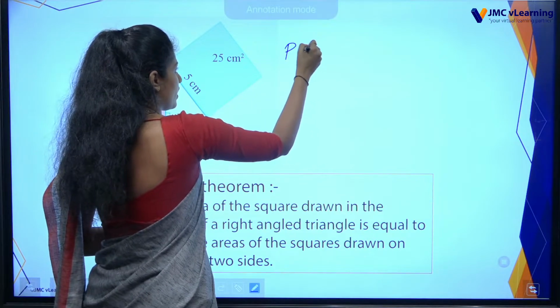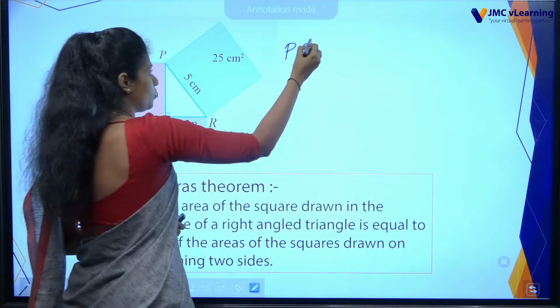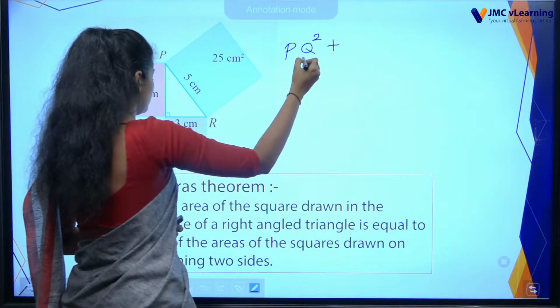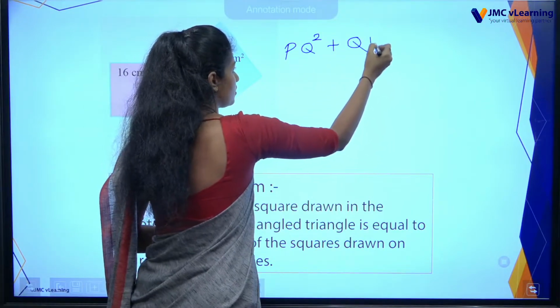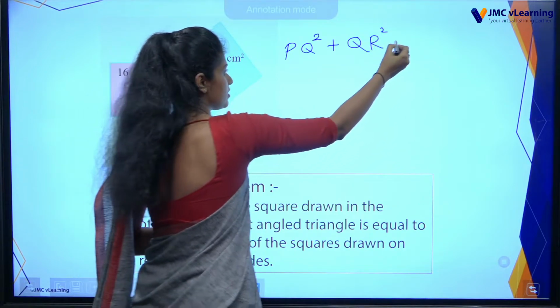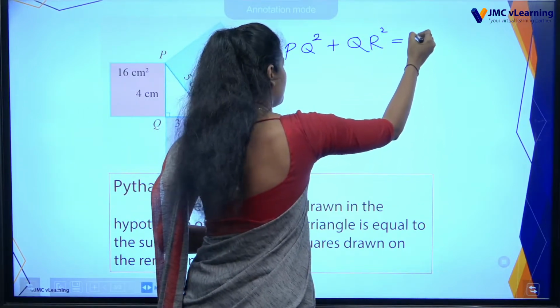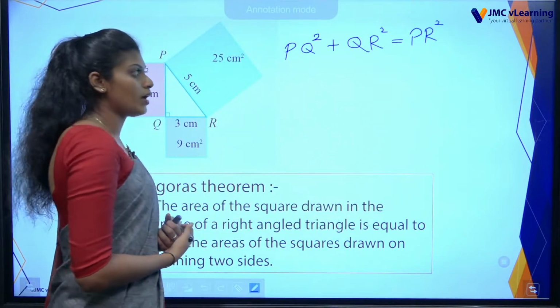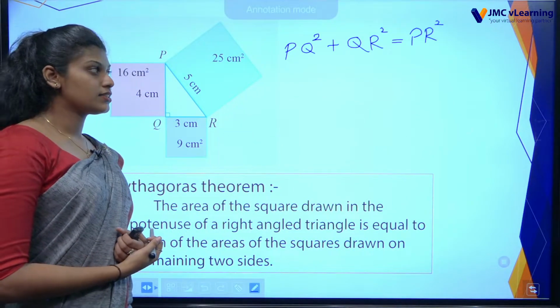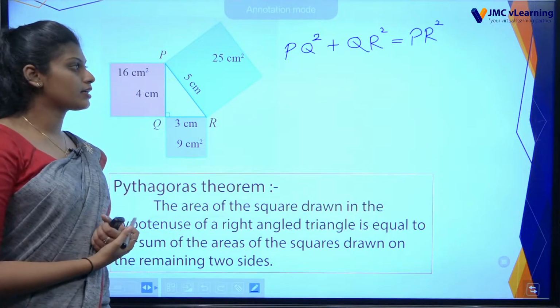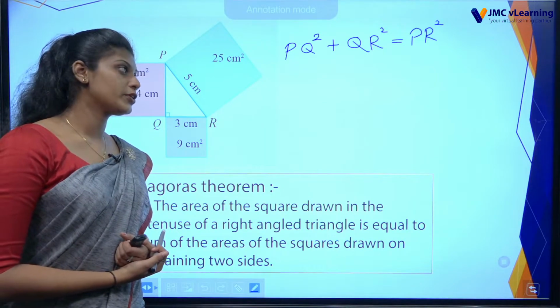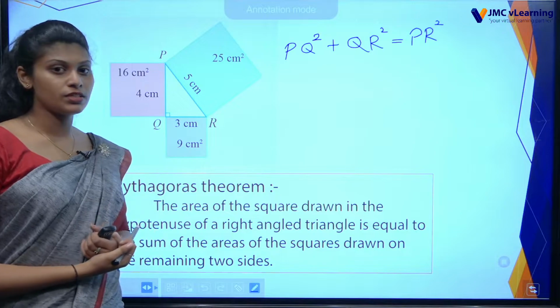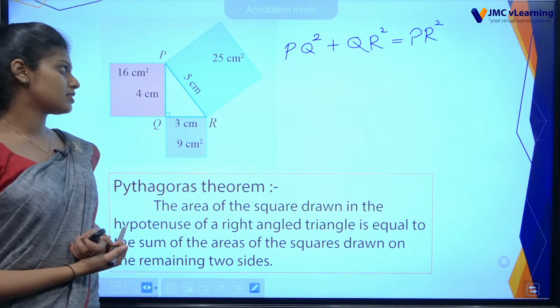We can write this as PQ squared add QR squared is equal to PR squared. So PQ and QR are the sides including the right angle and PR is the hypotenuse. So this is the meaning of the Pythagoras theorem.